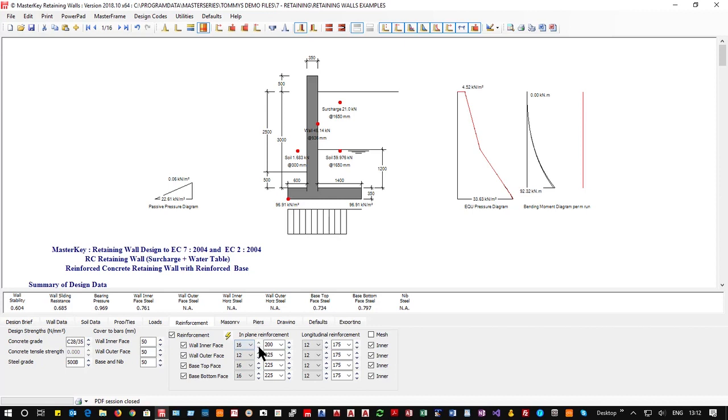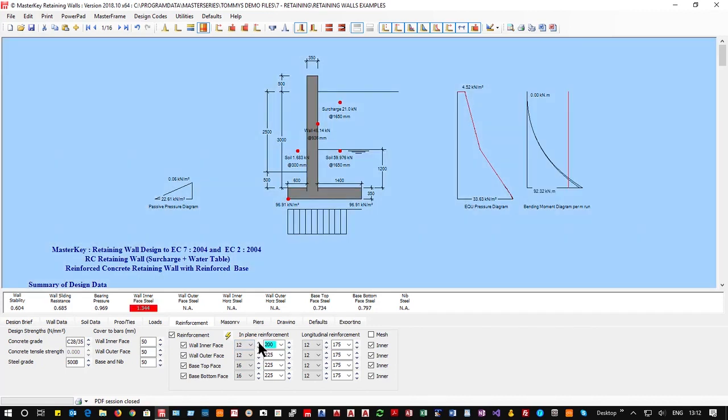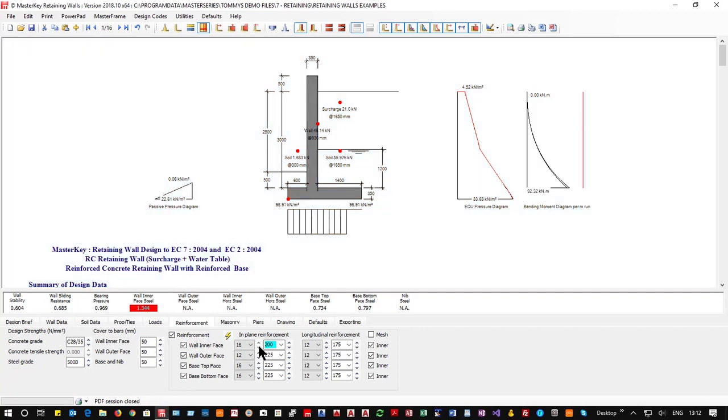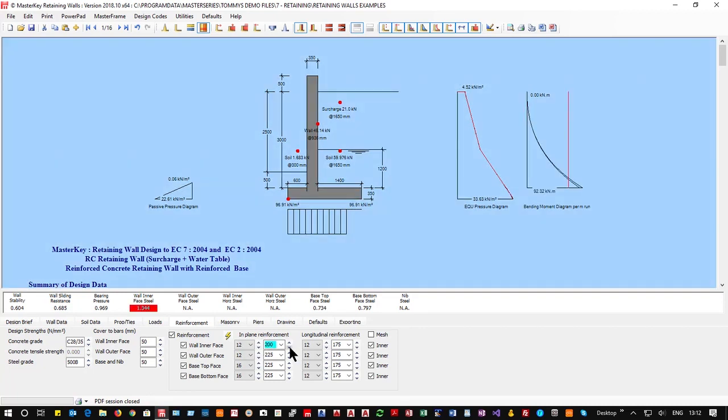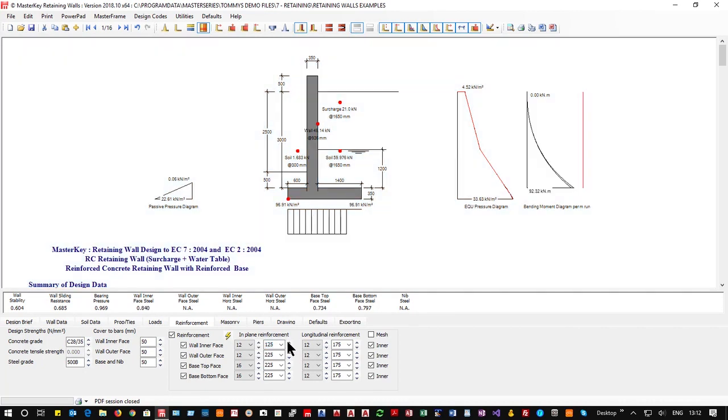And then I can see what happens if I reduce my rebar down. 12s gives me a failure with the inner steel, so the inner is this one nearest to the main soil. So I either go back up to the 16s, or if I want to stay with 12s, I would have to reduce my spacing right down.